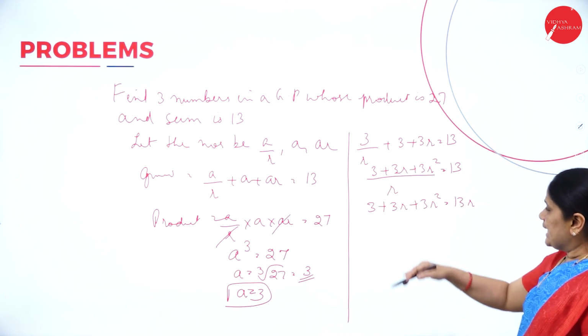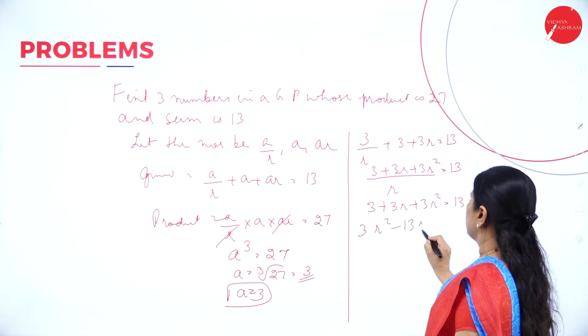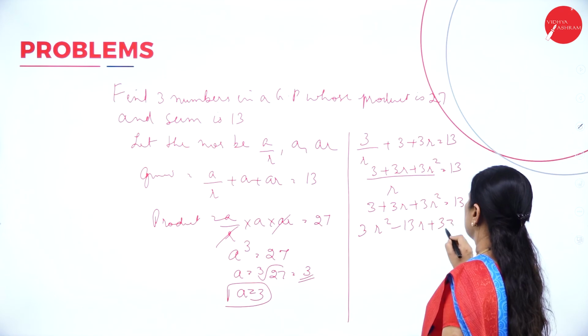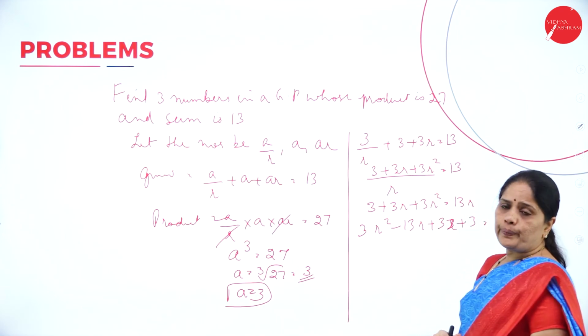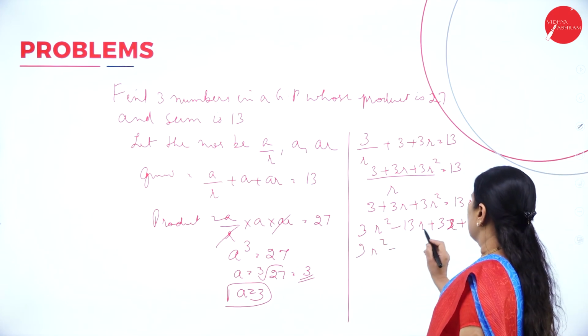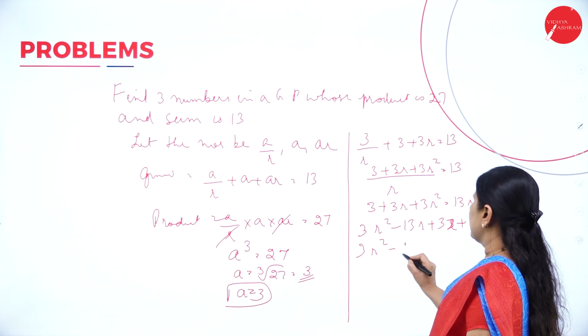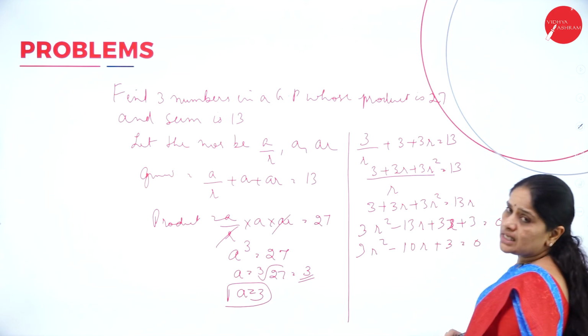Now I rewrite this equation. 3R square minus 13R plus 3R plus 3 equals 0. So when I simplify, 3R square, 3 minus 13 is minus 10R plus 3 equals 0.